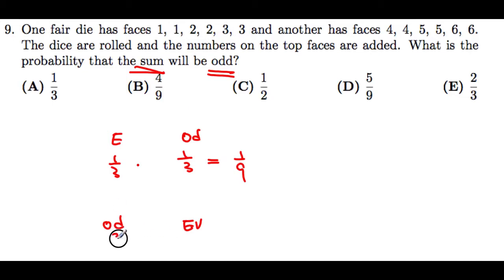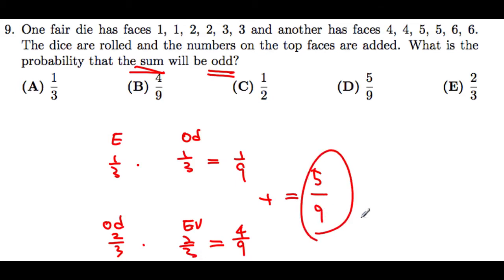There will be 2/3. Odd will be 2/3 from here, and the probability of getting even in this case will be 2/3 also. So the probability will be 4/9. But we can get odd through this way or this way, so we have to add up those two probabilities. Our final answer becomes 5/9, which is choice D.